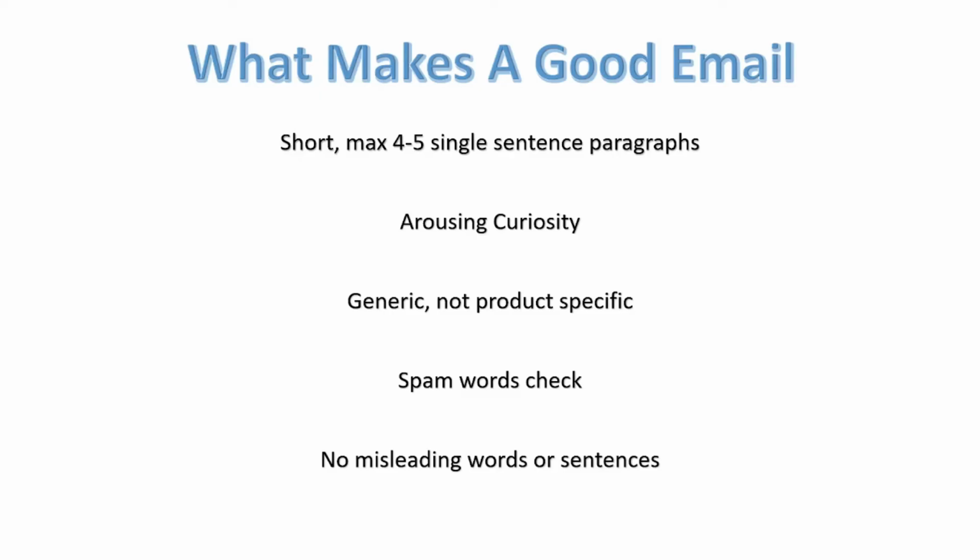So always make sure that you don't use any misleading words or sentences, because your ESPs, your email sending platforms like AWeber and GetResponse, are going to watch closely, and if any email swipe has misleading words like get commissions instantly and $5,000 credited to your bank account, these are outright misleading content, and the email sending platforms are going to warn you for a particular time, and then if you keep on repeating this, they are going to kick you out of the platform. So always try to avoid misleading sentences and words.